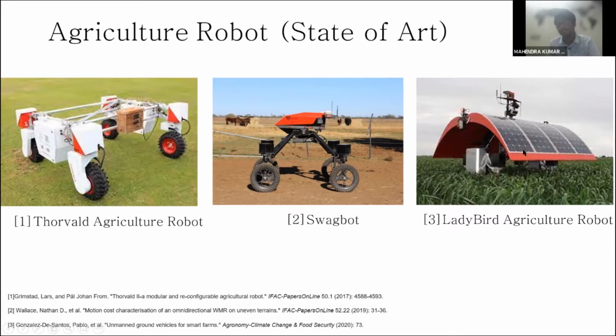And this Ladybird incorporated a solar panel in the system, which made it autonomous for a long time without any power recharging. But at the same time, it has reduced the capability of the system, meaning it has made it much less modular. So based on seeing those things, we developed our own design.